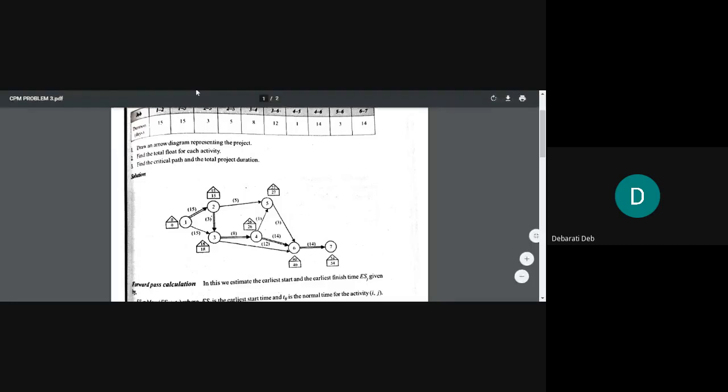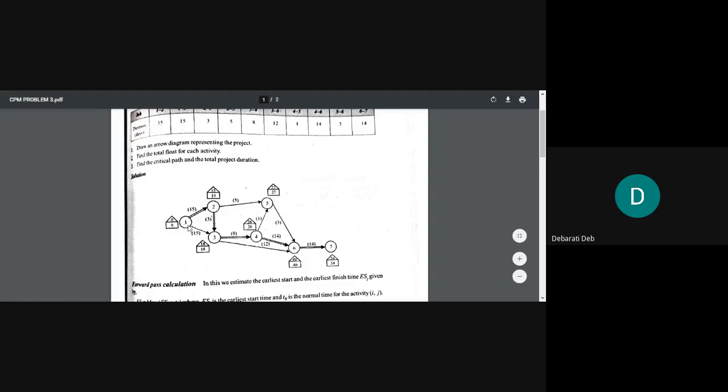First draw one event, name it as 1, and towards both the sides draw two more events, 2 and 3. Draw this part from 1 to 2, then 1 to 3.